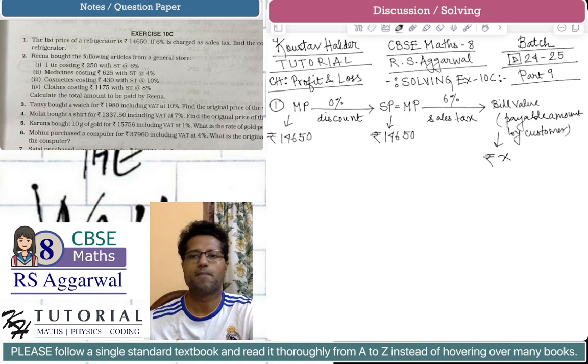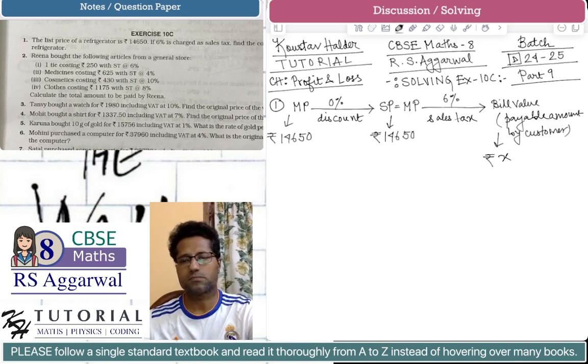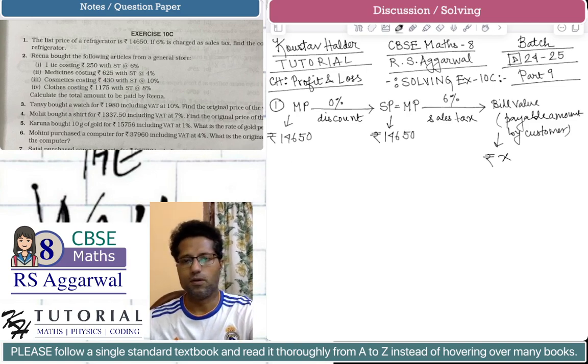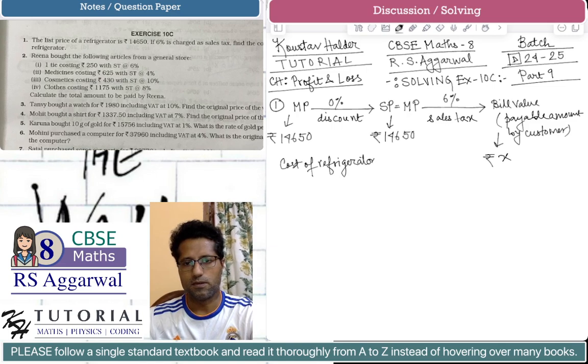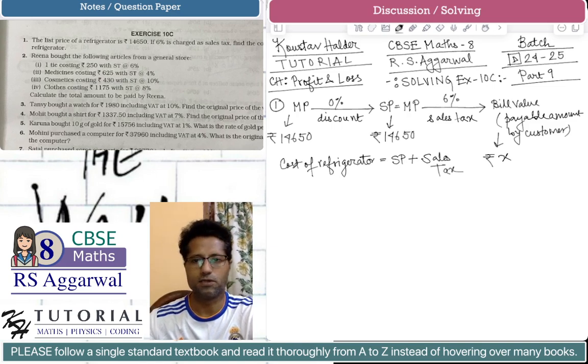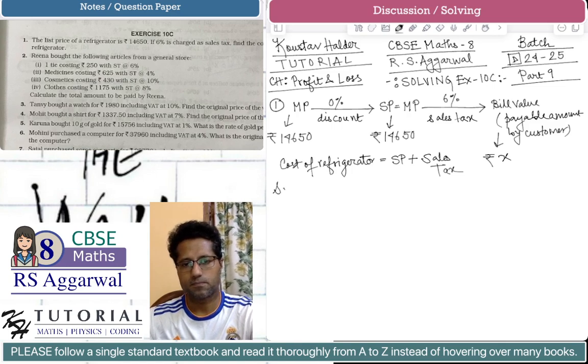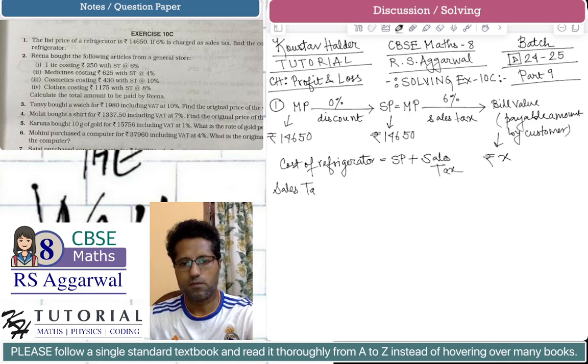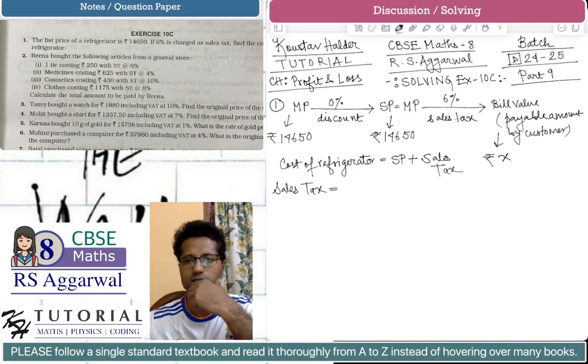Okay, so we know that cost of refrigerator will be equal to the selling price plus the sales tax. Now, what is sales tax? Sales tax is 6% on the selling price.